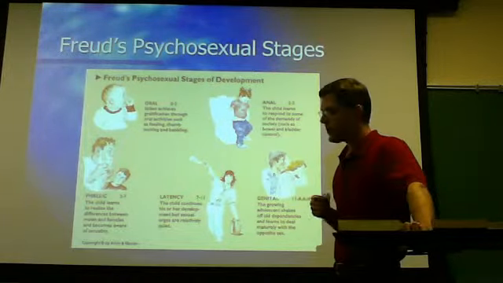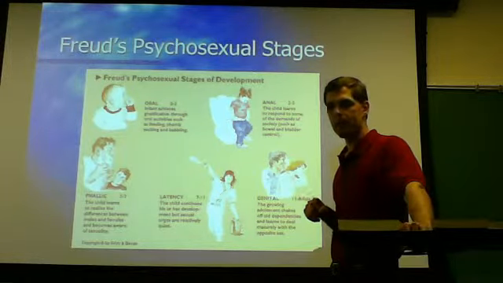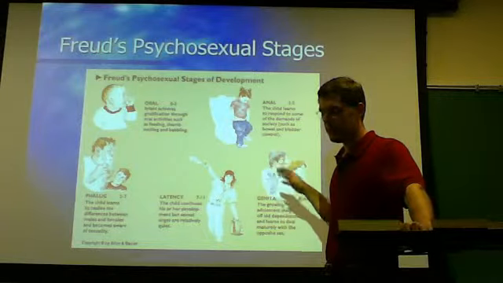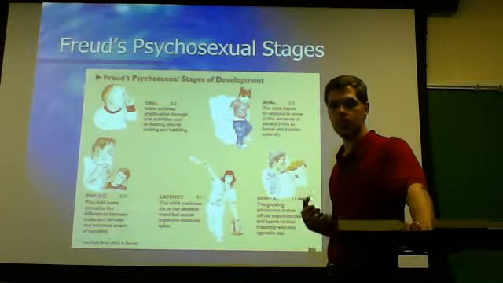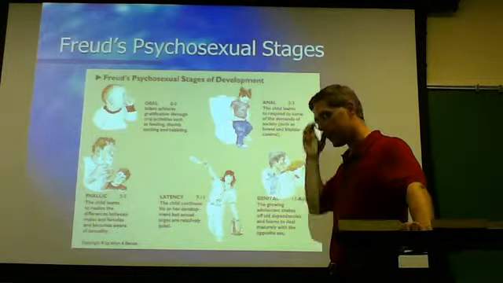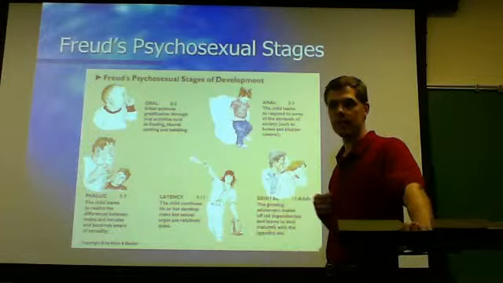The anal stage corresponds roughly to when we start potty training, and this is a point at which many children internalize messages of shame about their bodies, because parents might say things like, ooh, you made a stinky, or something of that nature.